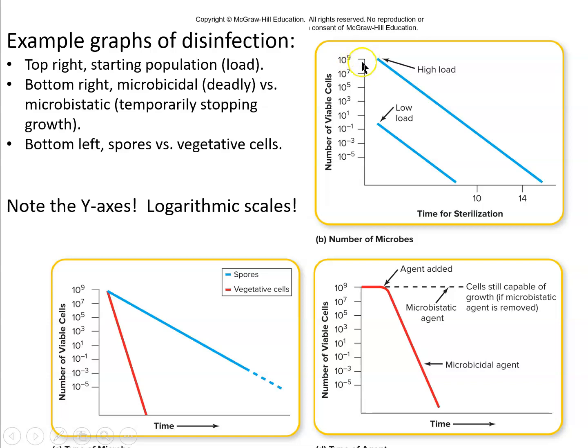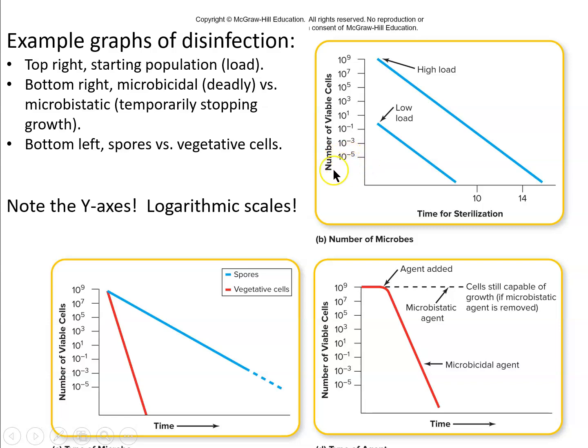So if we start at 10 to the 9th bacterial cells, it takes a certain amount of time to reach whatever threshold they were setting. So if we look at this scale, this is kind of silly, but 10 to the minus 1, that's 1/10 of a cell. 10 to the minus 3, 1/1000th of a cell.